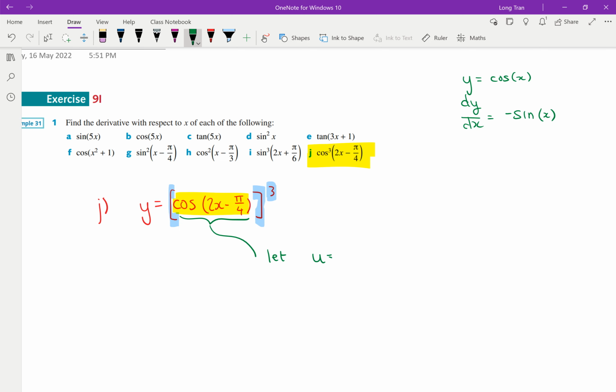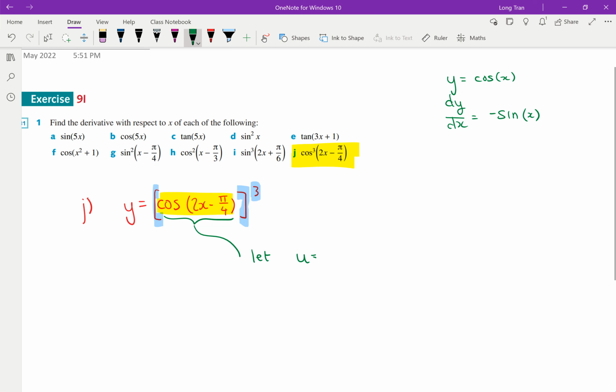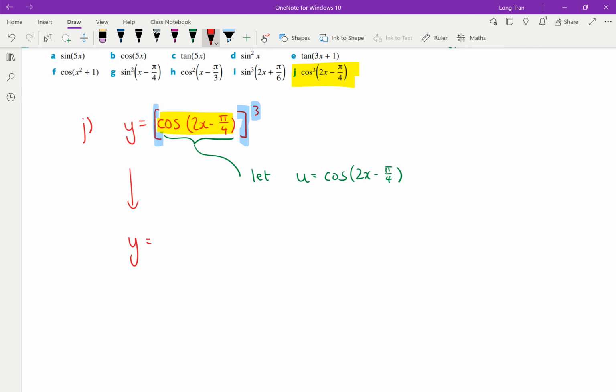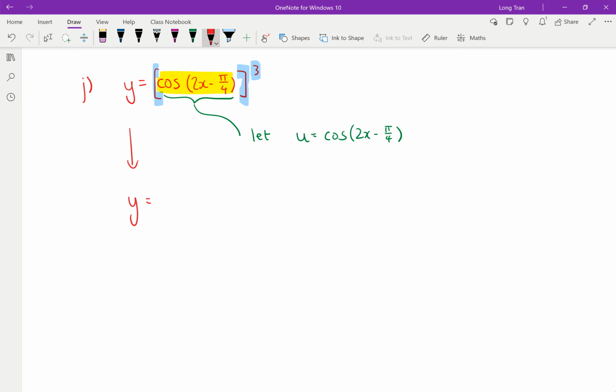Let u equal cos of 2x minus pi on 4. By saying let u equal that entire term I've highlighted, the problem changes: y is now u cubed. Have a think about it.